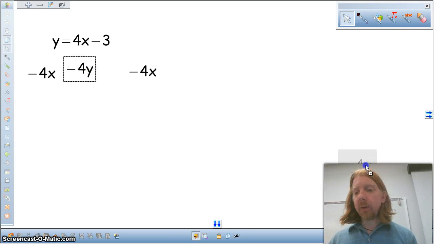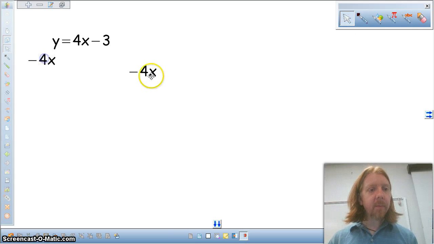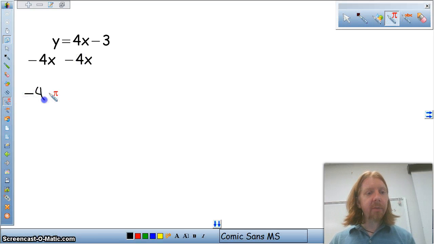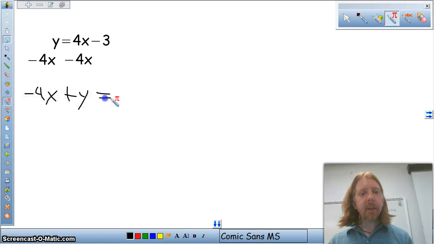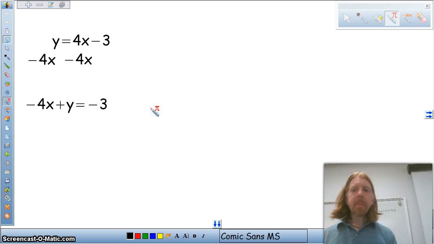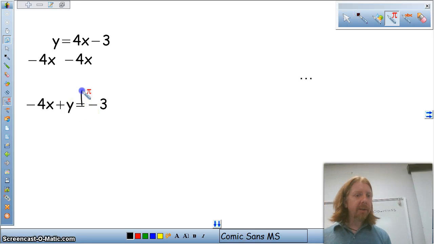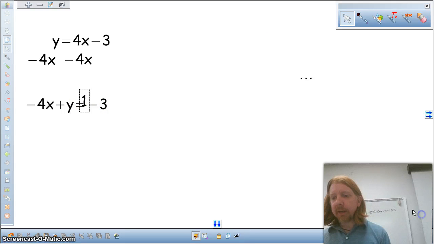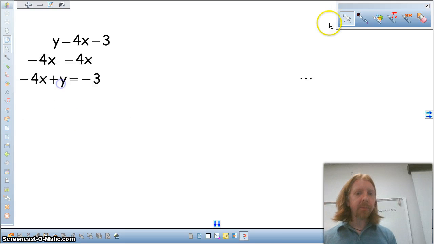So there's my 4x to take away from each side. And when I clean it up, I'm left with negative 4x plus y is equal to a negative 3. Now, I've got it set and ready for me to go ahead and find those two intercepts.